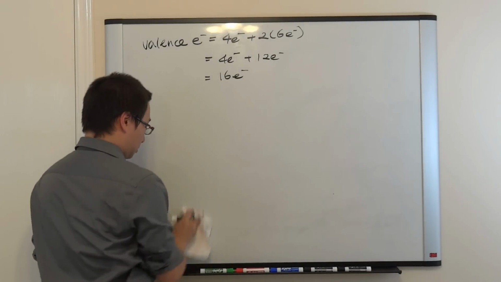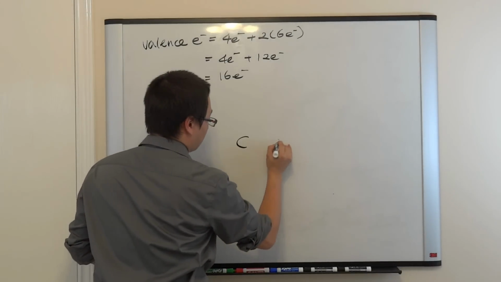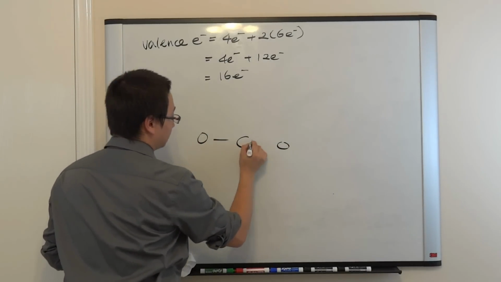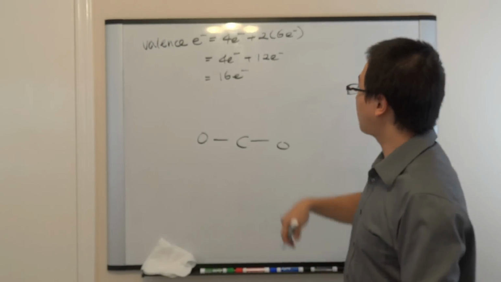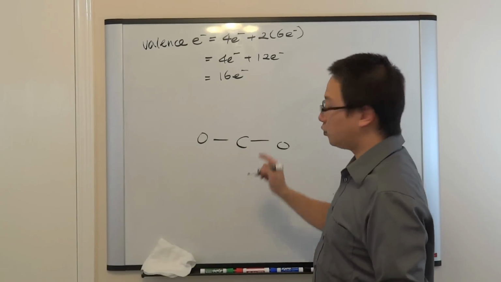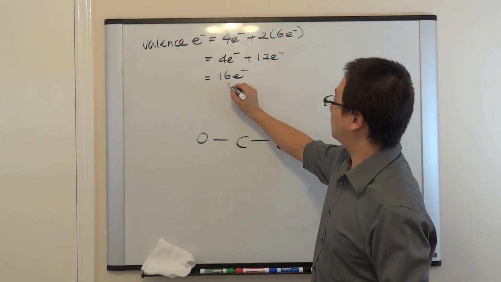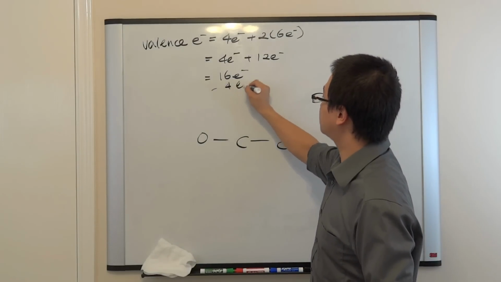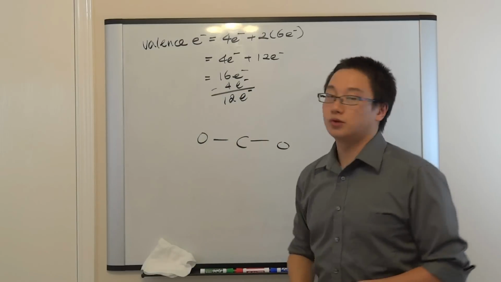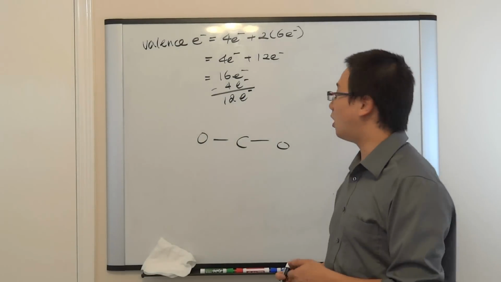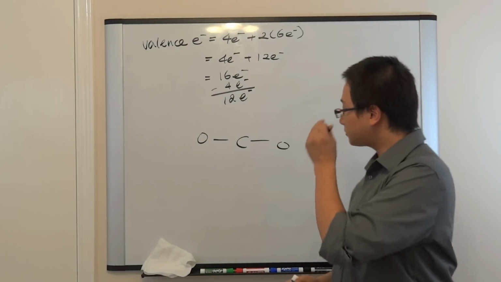And let's draw the atoms out and connect them together with a single bond. Now, we have drawn 2 single bonds. We will subtract 4 electrons from the total valence electrons. So there we have 12 electrons remaining.